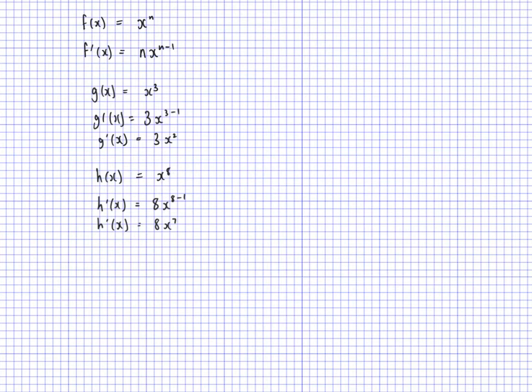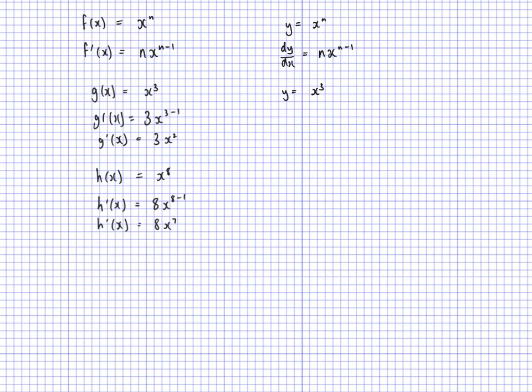I also want to show you a new notation. So if it was written y equals x to the power of n, when I differentiate that, I write dy over dx equals n x to the n minus 1, like that. Okay, so suppose y was equal to x cubed.